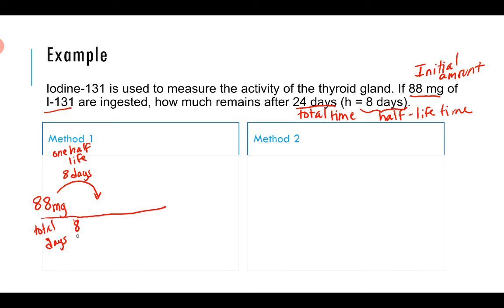My total days is 8 days so far. After 8 days, I'm going to have half of that, and so that's going to be 44 milligrams. After an additional half-life, I'll be up to 16 days.